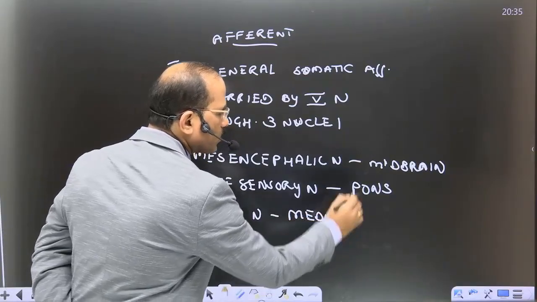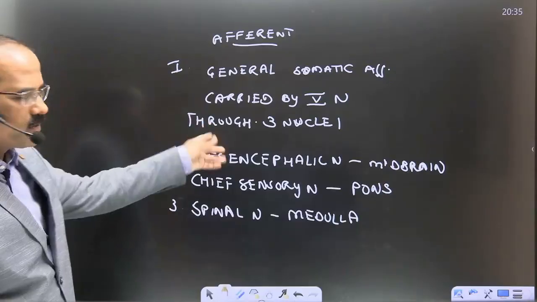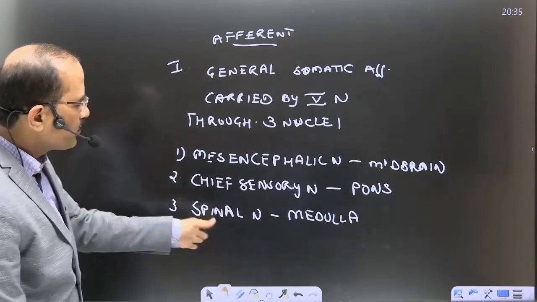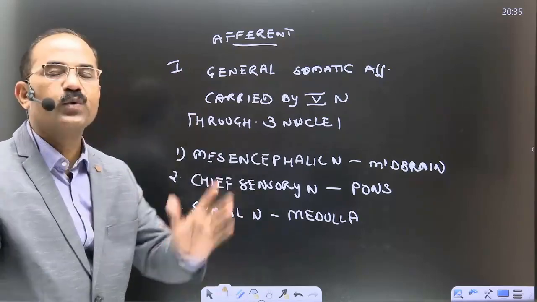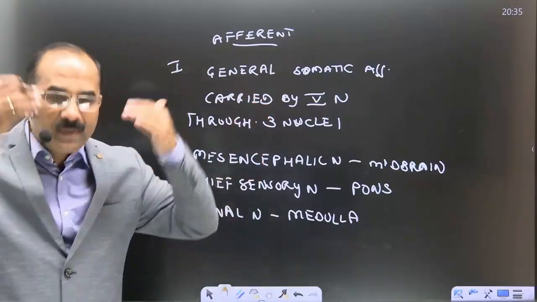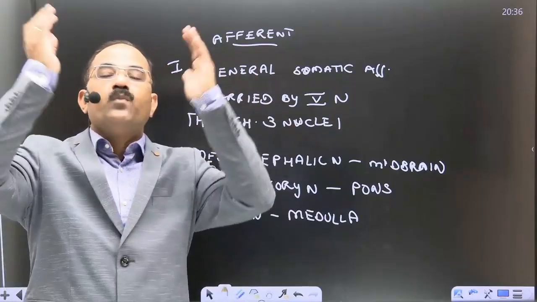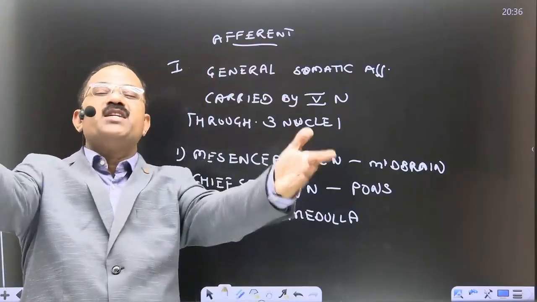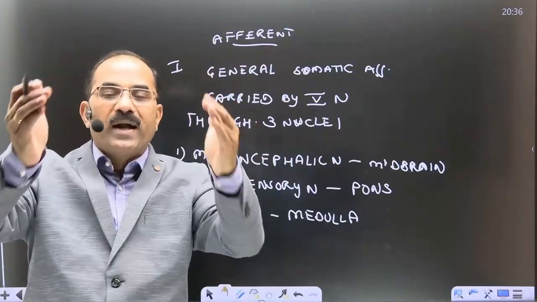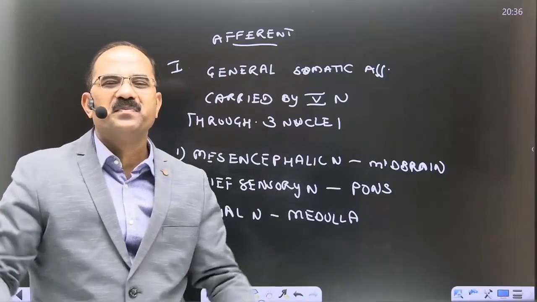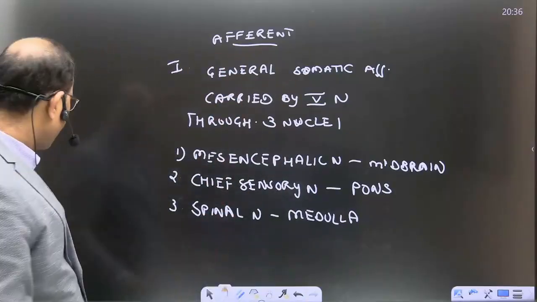So the mesencephalic nucleus is in the midbrain, the chief sensory nucleus is in the pons, and the spinal nucleus is in the medulla. Through these three nuclei, the trigeminal nerve gets sensations from the entire body wall. And what component does it represent? The general somatic afferent. That is general somatic afferent.